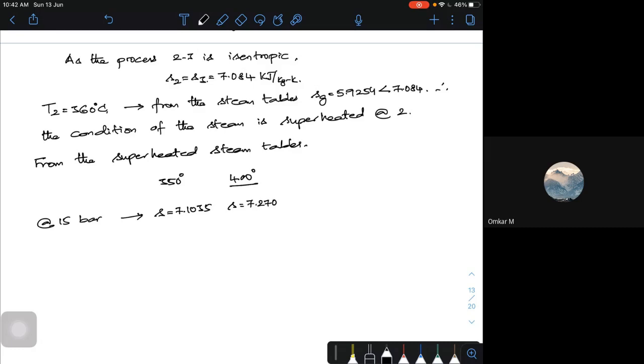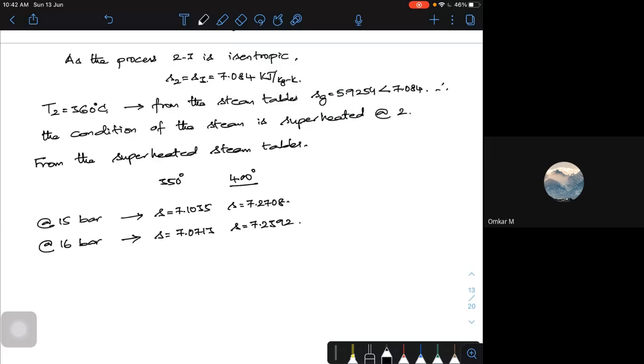Now at 16 bar or 0.16 megapascals, your S at 350 degrees is equal to 7.0713, and S at 400 degrees is equal to 7.2392.